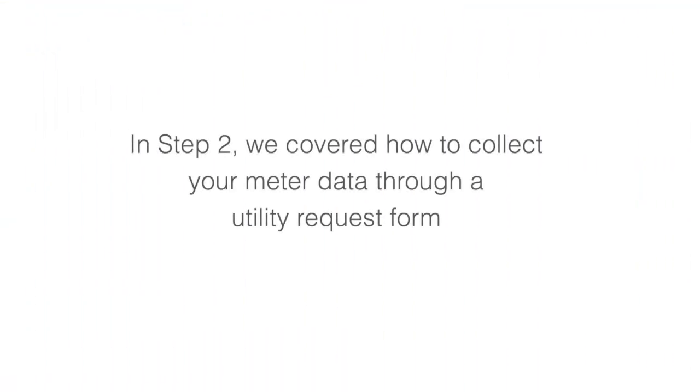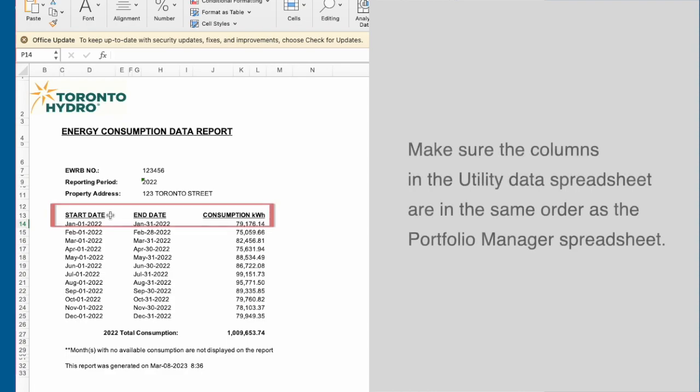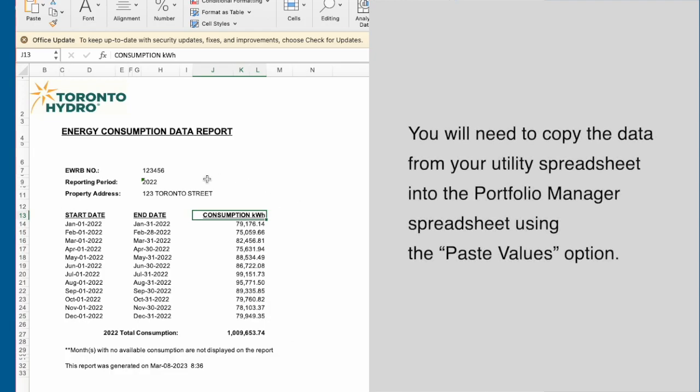In step 2, we covered how to collect your meter data through a utility request form. Make sure the columns in the utility data spreadsheet are in the same order as the Portfolio Manager spreadsheet. You will need to copy the data from your utility spreadsheet into the Portfolio Manager spreadsheet using the Paste Values option.